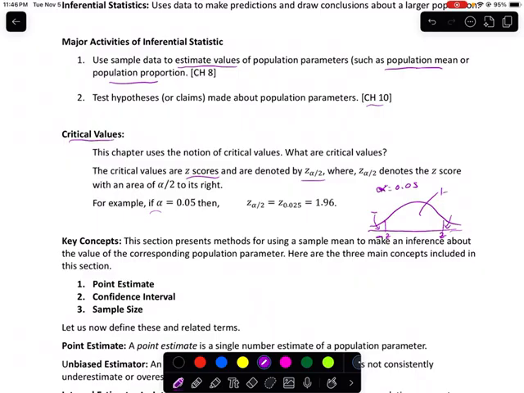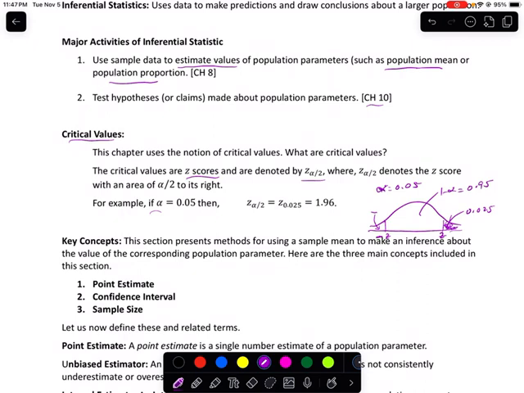What does that mean? Now this will be 1 minus alpha, so this will become 0.95. And alpha is 0.05. So we want to find the z-score such that the area to the right of it is alpha over 2, so that this area is 0.025. So we say z alpha over 2, which is z of 0.025, will be equal to 1.96.